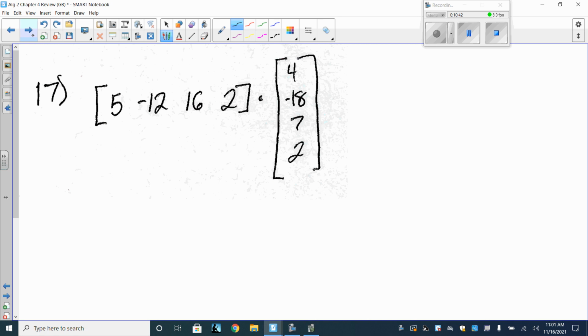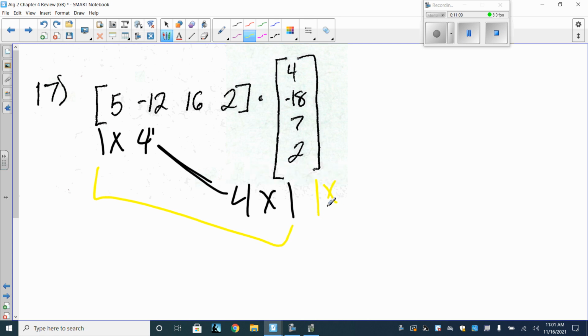For this one here, these are being multiplied, and we have a 1 by 4 being multiplied with a 4 by 1. The columns of the first match the rows of the second, so this does work. And our new dimensions would be the other two.